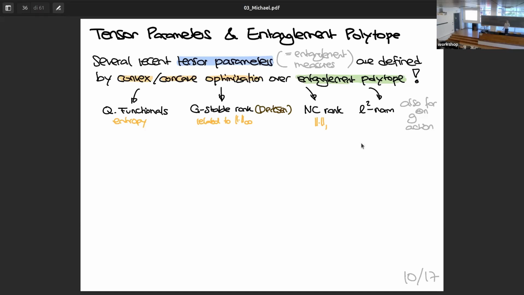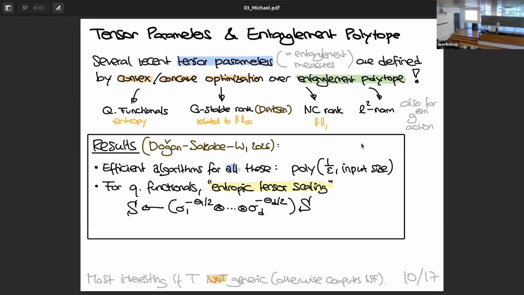I will not go into the one norm, the sum of the singular values. Then the L2 norm is also natural, but I will not go into it here. And then, of course, instead of looking at tensors with this symmetry cube, you can look at symmetric tensors and antisymmetric tensors, and all kinds of variations. So there's a zoo of tensor parameters that are defined in the end, either by their definition or in hindsight as optimization problems over this polytope.